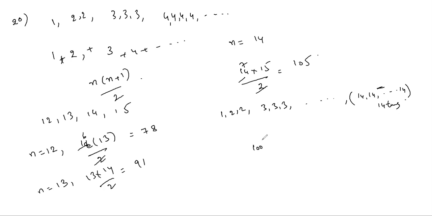So the 100th term equals 14. Not only the 100th, up to 105 it is 14; below that there are 91 terms, and it means terms 92 to 105 are the 14th term only.